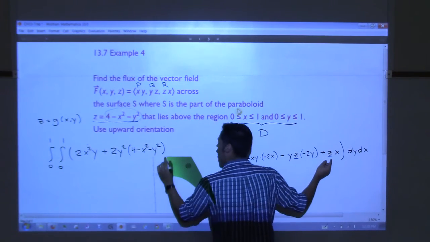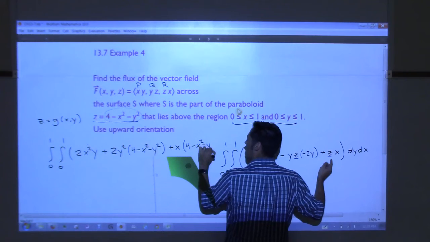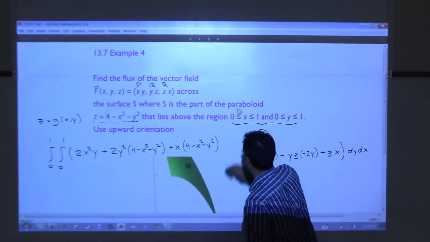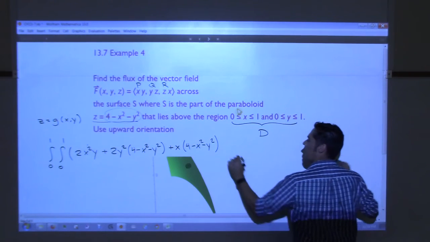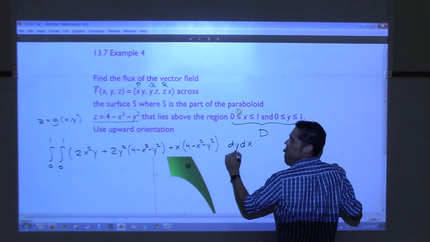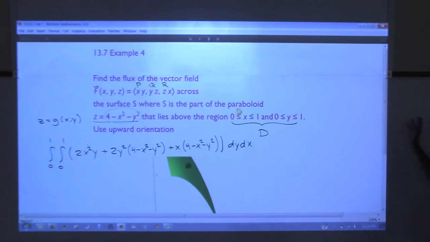And then this one right here, plus x times 4 minus x squared minus y squared, dy dx. Then you could just expand it all out and do your integration.